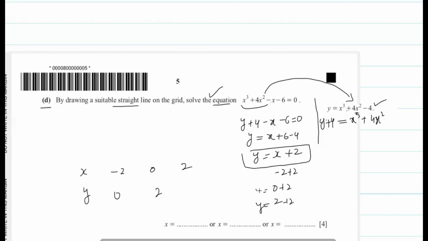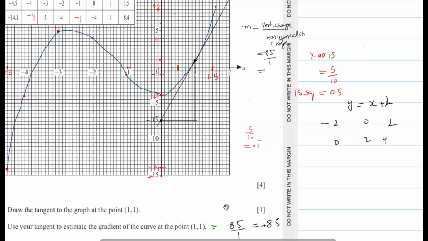This value will be equal to 4. And here the value of x is -2, this is x equal to 0, this is x equal to 2. We get the value of y, and against these values of x and y, we can draw this straight line.